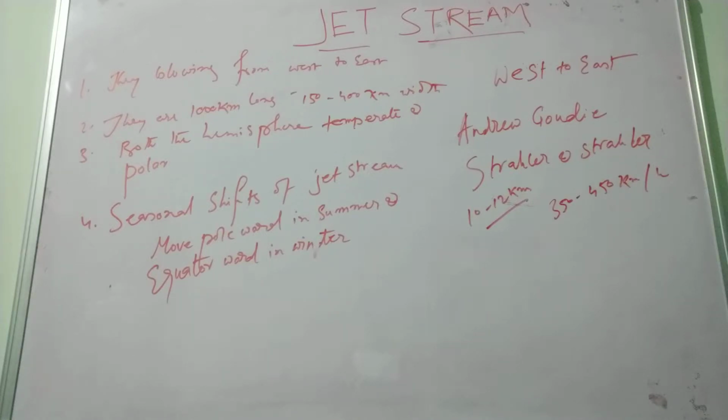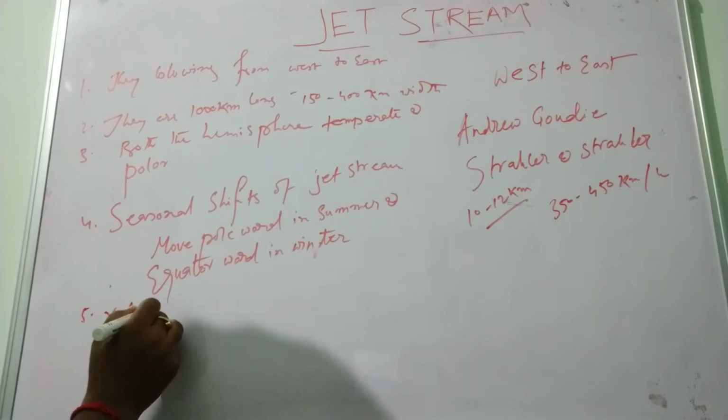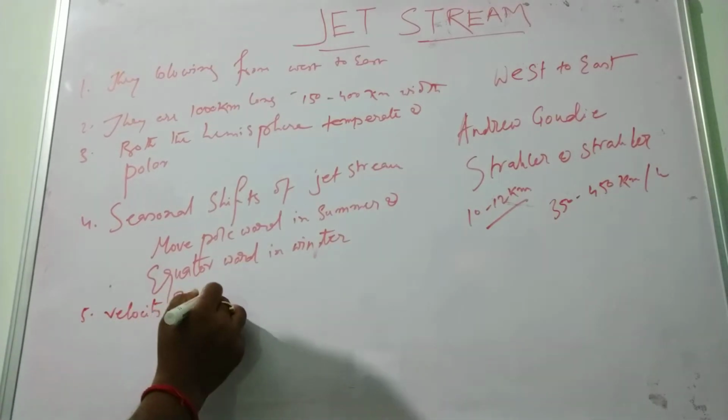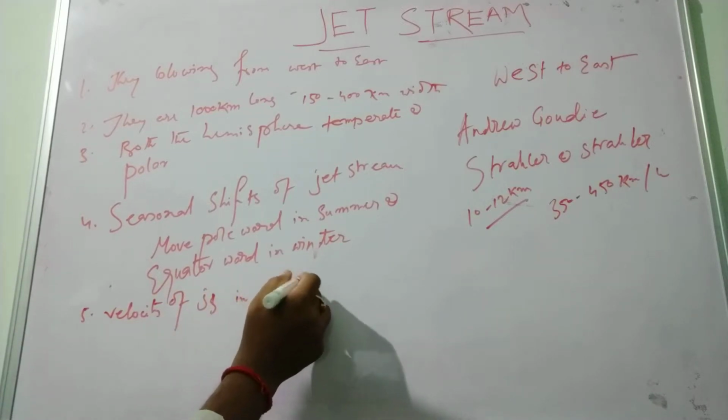The velocity of the jet stream in winter is double.